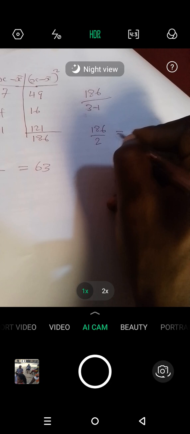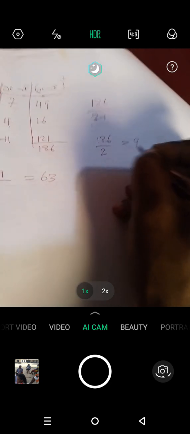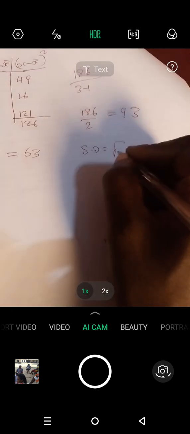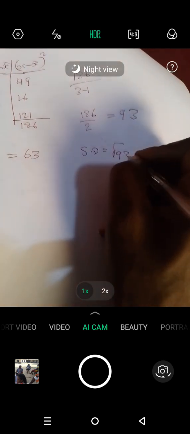And that is equal to 93. Now that we have 93, our standard deviation is equal to the square root of 93. And that gives us 9.64. This is our standard deviation.